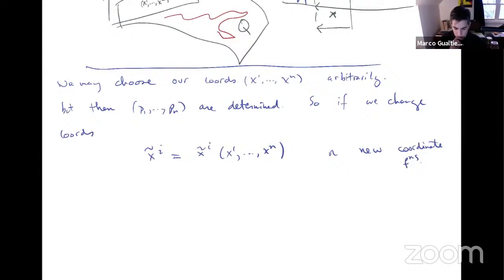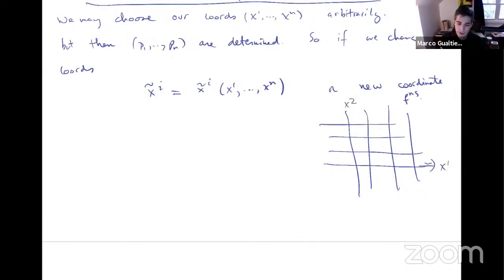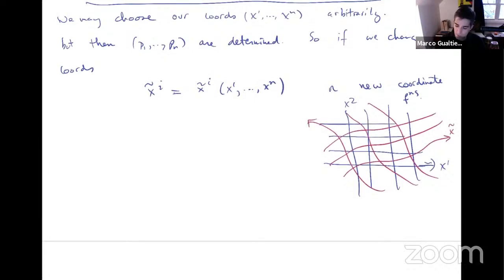In my original coordinate system, x1, x2, the new coordinate system could be curvilinear, x tilde 1 up to x tilde n.